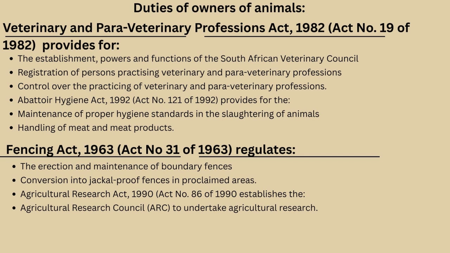Fencing Act, 1963, Act No. 31 of 1963, regulates the erection and maintenance of boundary fences, conversion into jackal-proof fences in proclaimed areas. Agricultural Research Act, 1990, Act No. 86 of 1990, establishes the Agricultural Research Council, ARC, to undertake agricultural research.